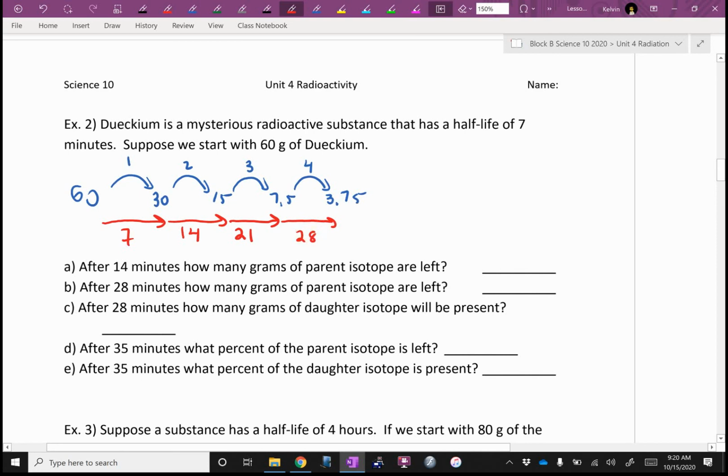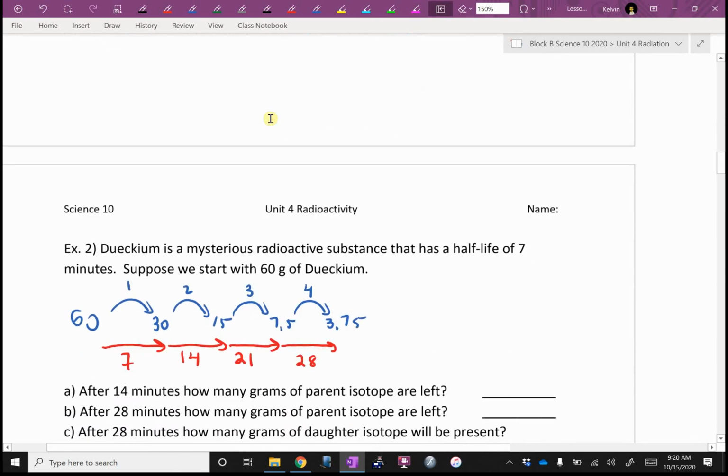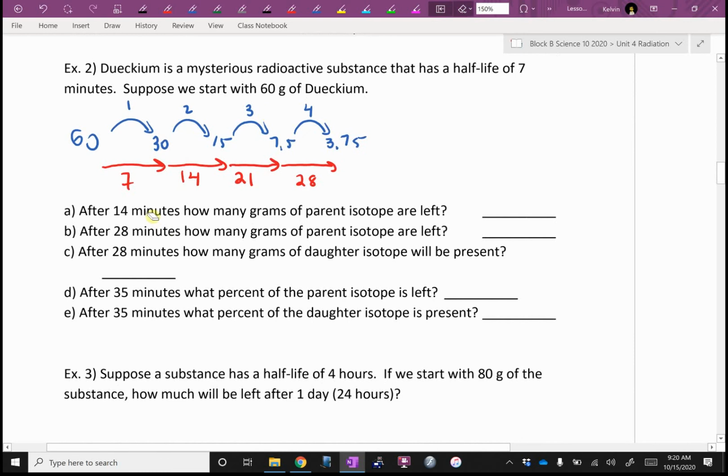Okay. Now, normally I'll only draw as much of that as I need to, but this is my setup. I think that's way less work than trying to do a big chart. And now I can answer the questions. After 14 minutes, how many grams are left?